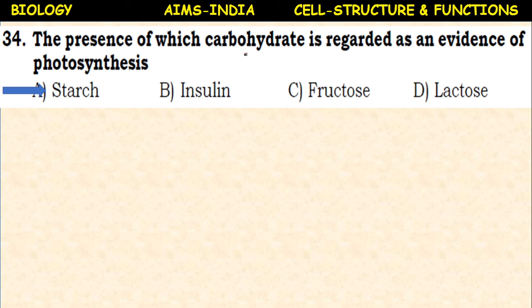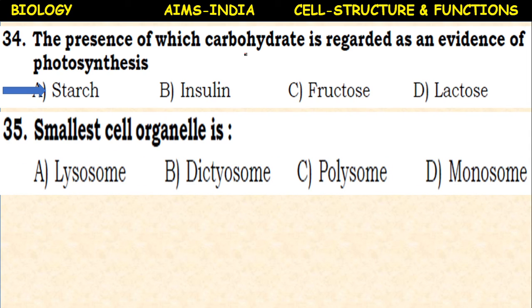Identification of the starch test. What is the reagent used in the identification of starch? Iodine. When iodine is added, it turns deep blue color, which indicates the presence of starch. This test is performed in the evening time. We can detach the leaf and perform this test to confirm the photosynthesis.